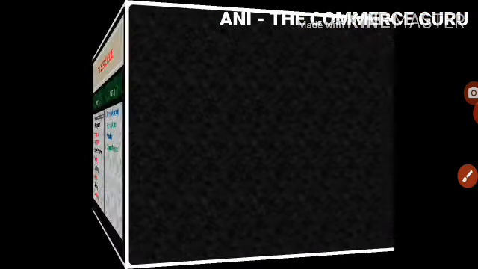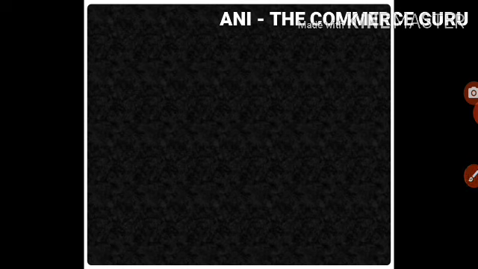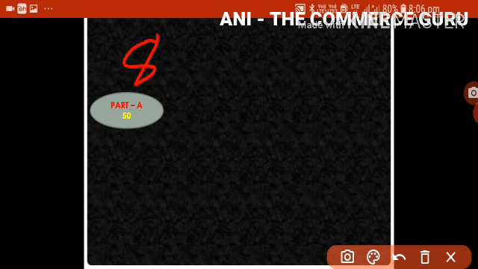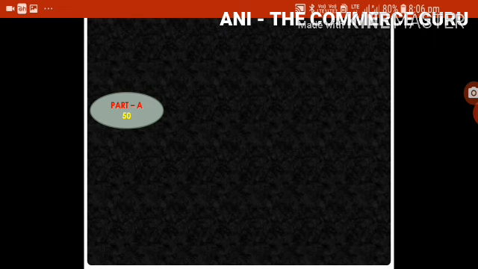Now let us see the mark weightage for each of these parts. Part A, 8 chapters, carries 50 marks.